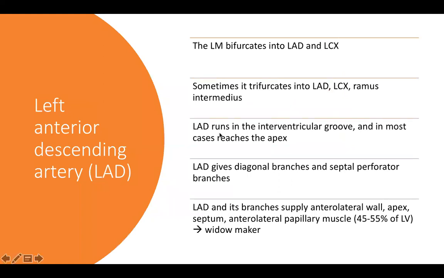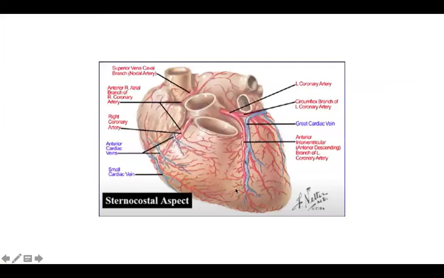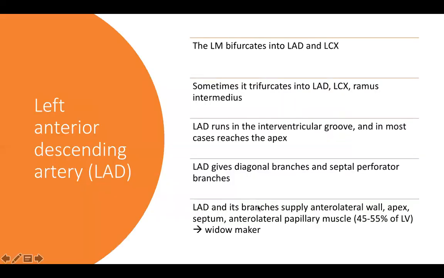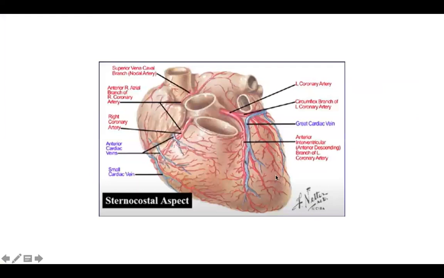The LAD runs in the interventricular groove and in most cases reaches the apex, as shown here. The diagonals are those that go to the lateral wall like this one, and septal perforators are the small ones that go into the septum.